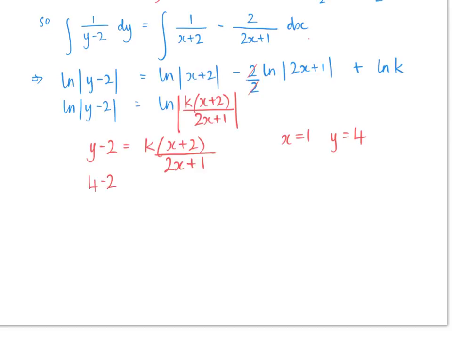So 4 minus 2 is equal to k, 1 plus 2 all over 2 plus 1. So that tells me that k must be equal to 2.